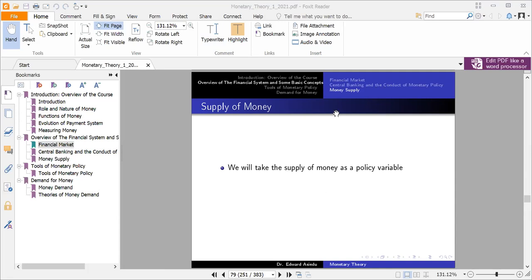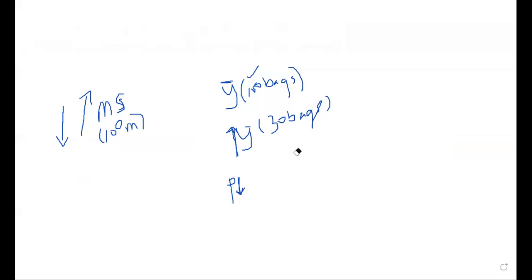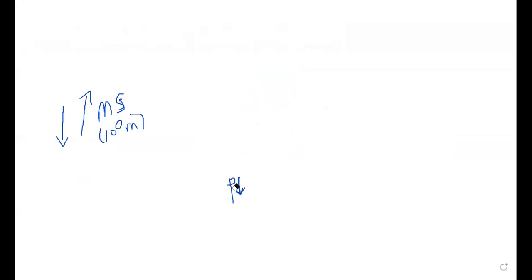It's a policy variable, which means that the supply of money is the level determined by the central bank. Okay. In a typical demand and supply analysis setting, let me clean the board. In a typical demand and supply analysis setting, you will say that supply is upward sloping.